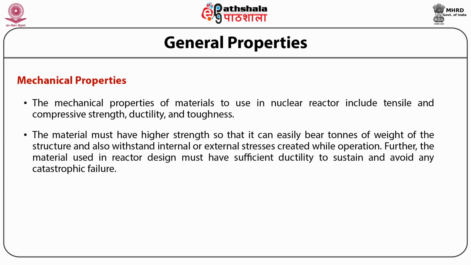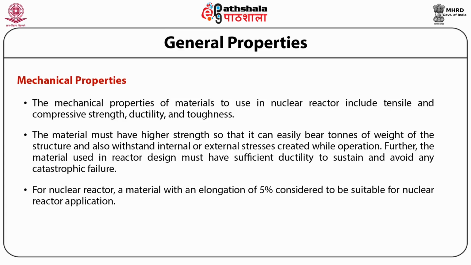Further, the material used in reactor design must have sufficient ductility to sustain and avoid any catastrophic failure. For nuclear reactors, a material with an elongation of 5% is considered suitable.